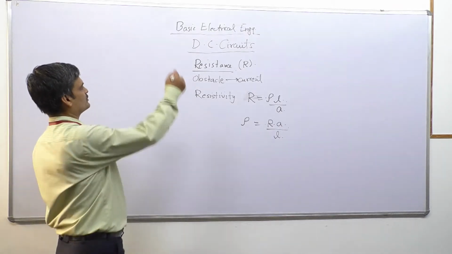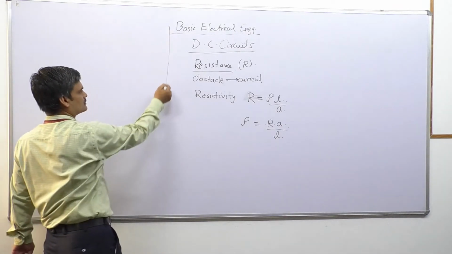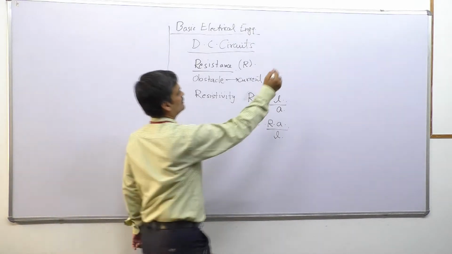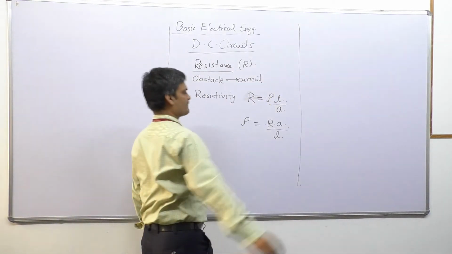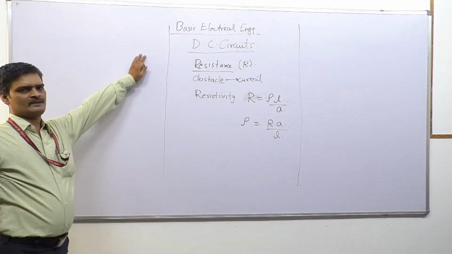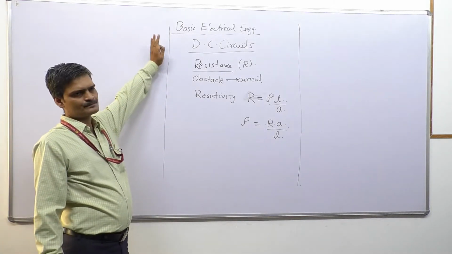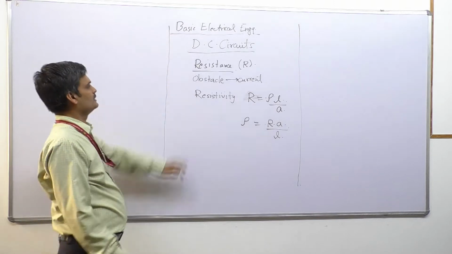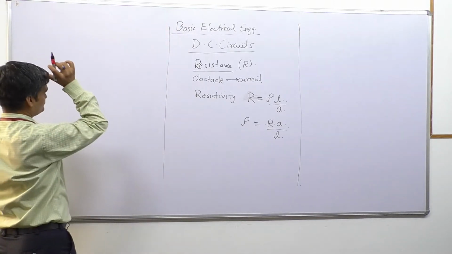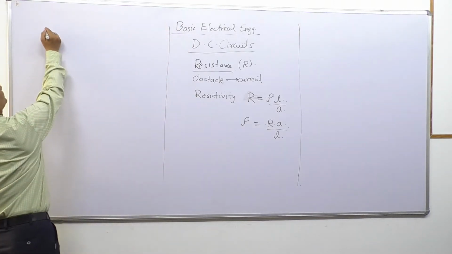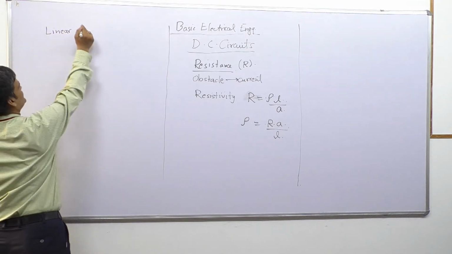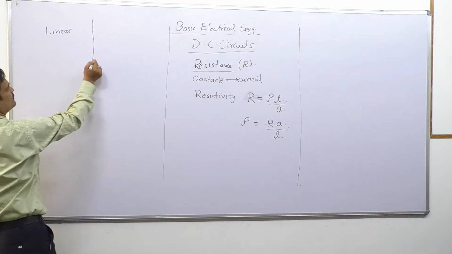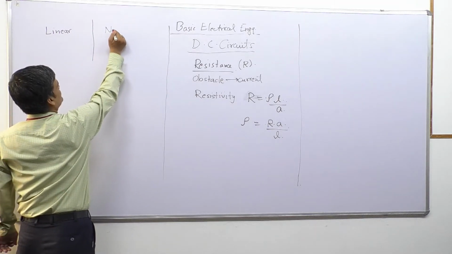Next, we are going to learn about some of the common terminology which we utilize while studying the DC circuits. The first terminology is about linear elements, when compared with the non-linear elements.